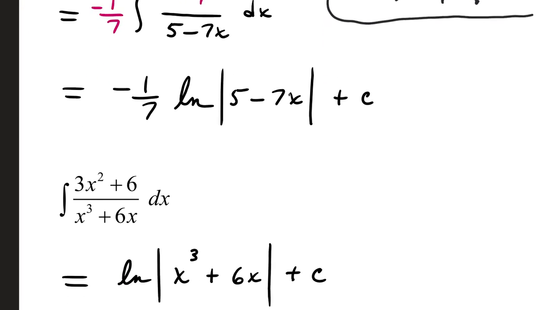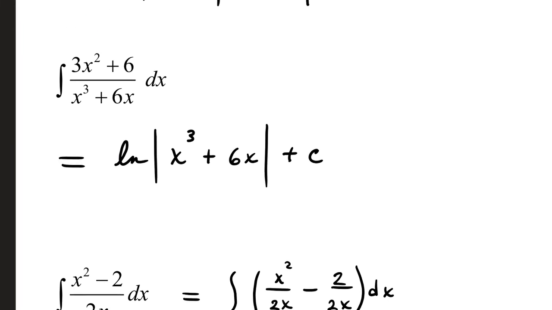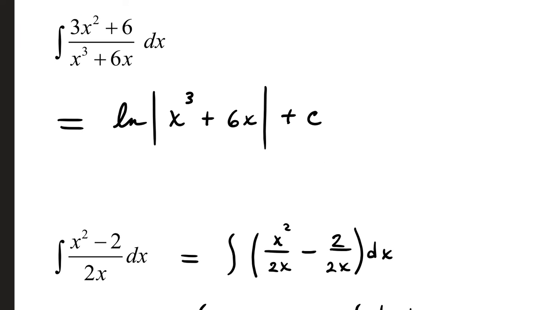In the second example, we have the perfect candidate. Check out your denominator, x cubed plus 6x. What's the derivative of this denominator? It's 3x squared plus 6, right on the money.